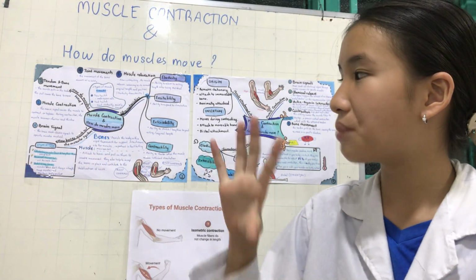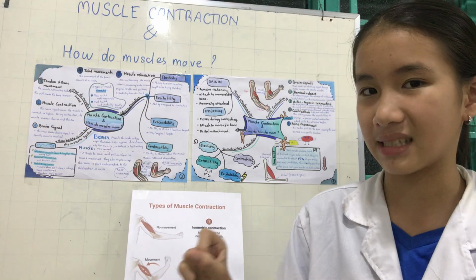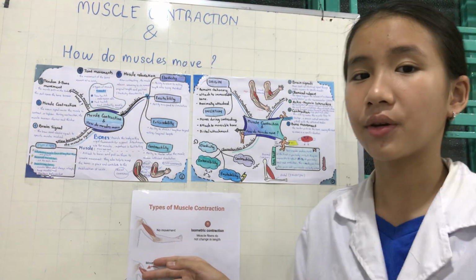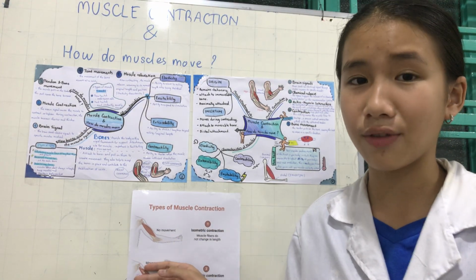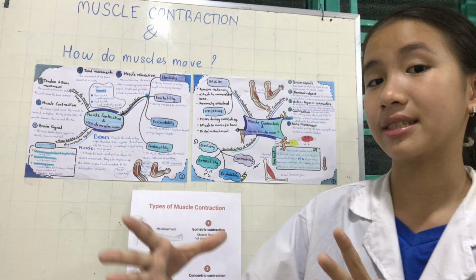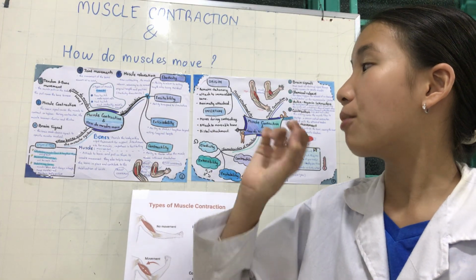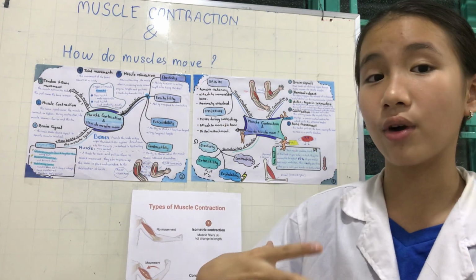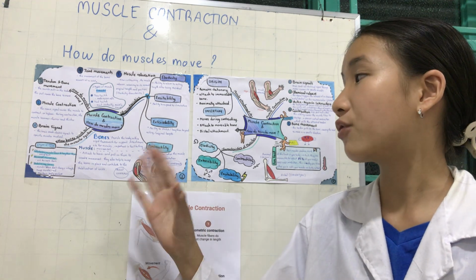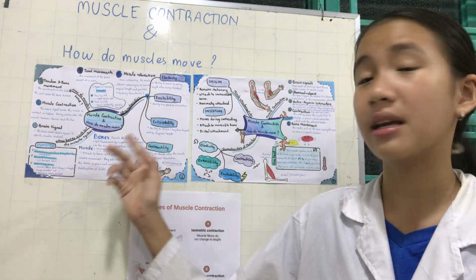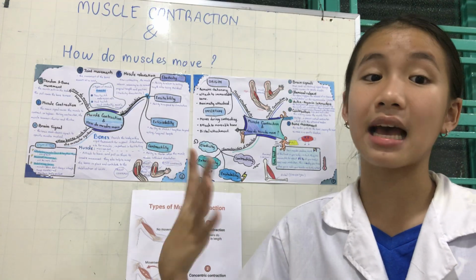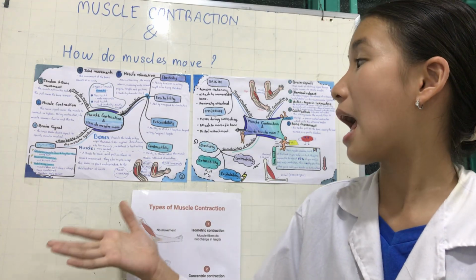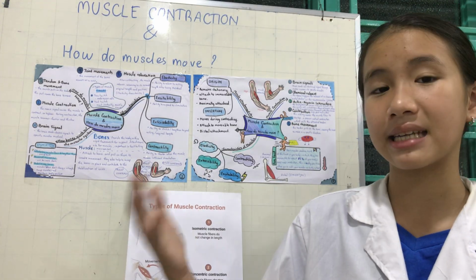Next is how bones work with the muscular system. Now I'm going to talk about the functions of those two and how they work with each other. The bones provide the body with a rigid framework for support. Attachment: it works as an attachment site for muscles, and it is important in facilitating movement.